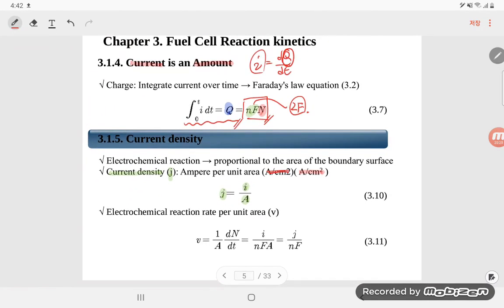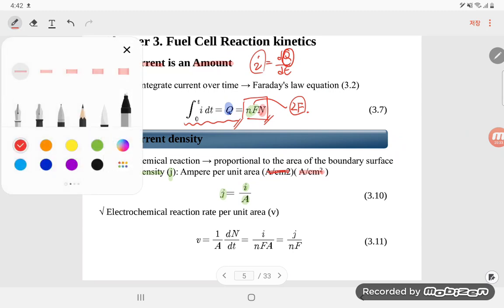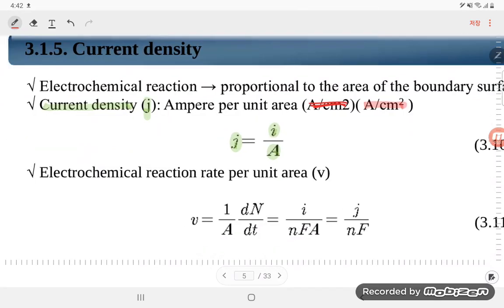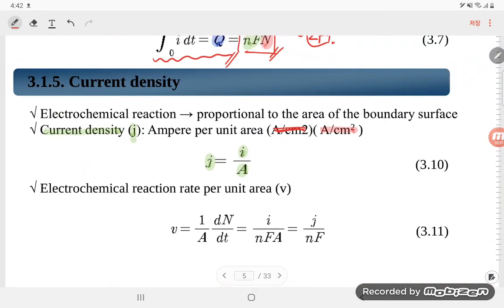Then how can we get the electrochemical reaction rate per unit area? What is the unit of this V? This is the electrochemical reaction rate per unit area. So we can use this unit for it: mole per second and square meter, or square centimeter.